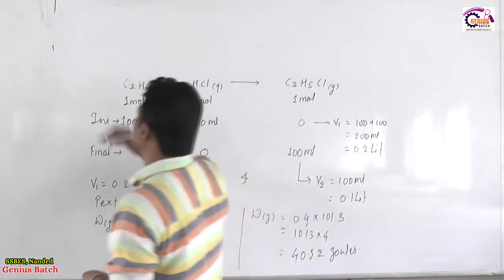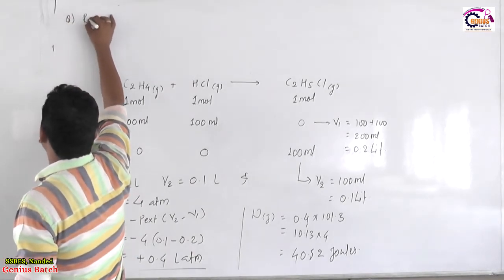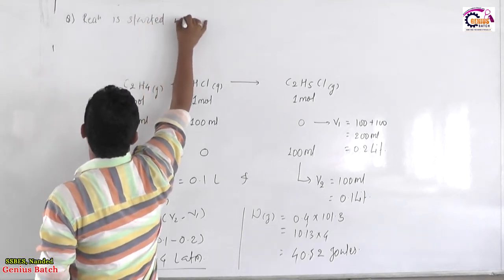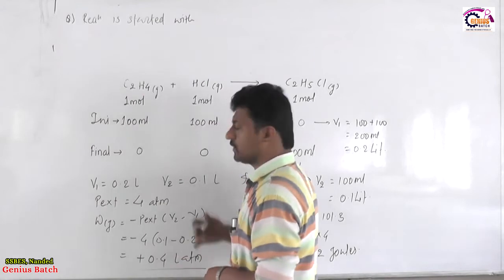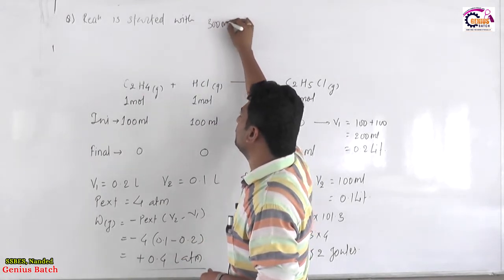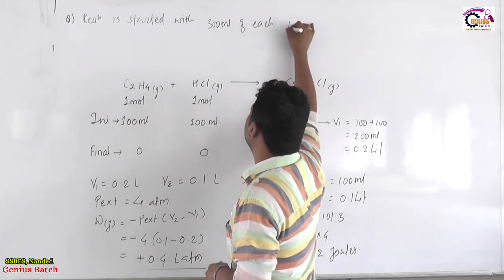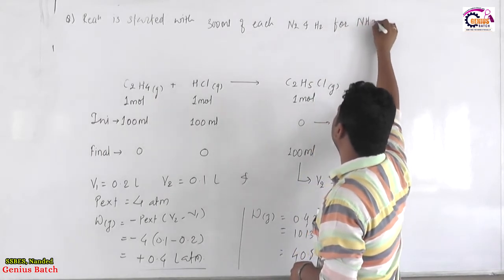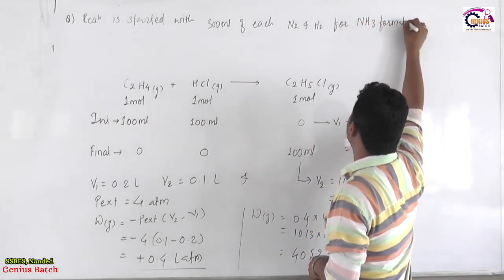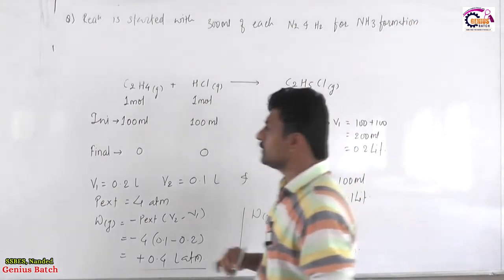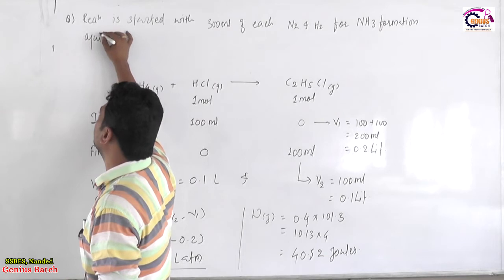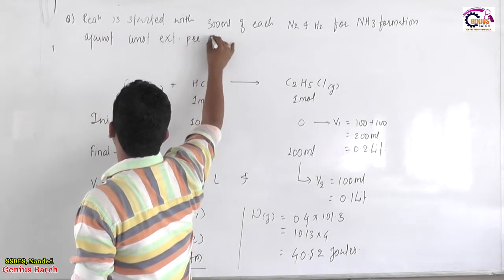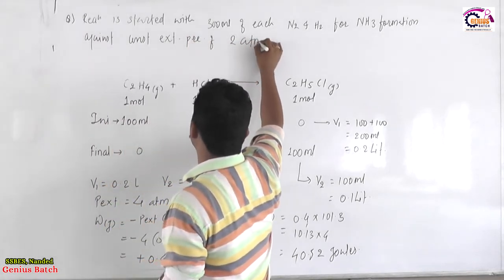Now suppose the question is: a reaction is started with 300 ml of each of nitrogen and hydrogen for NH3 formation, against a constant external pressure of 2 atmosphere.